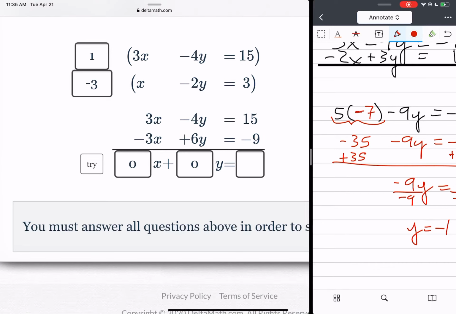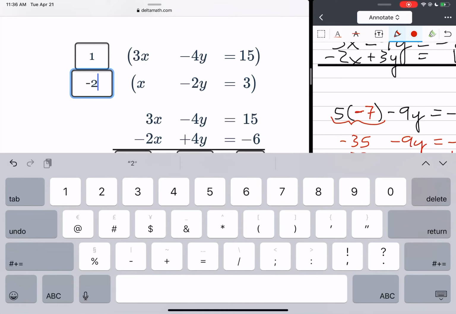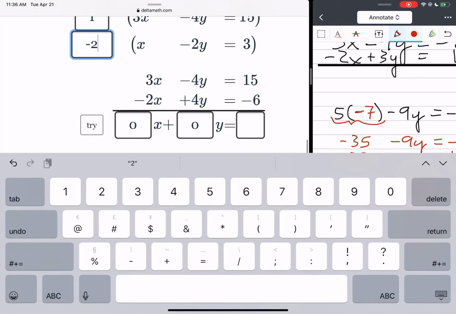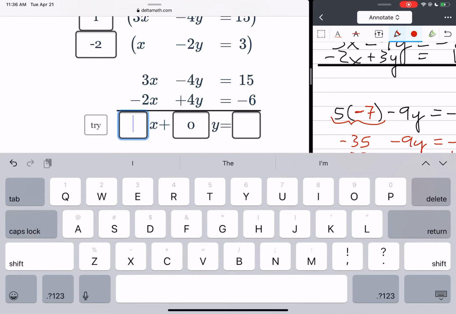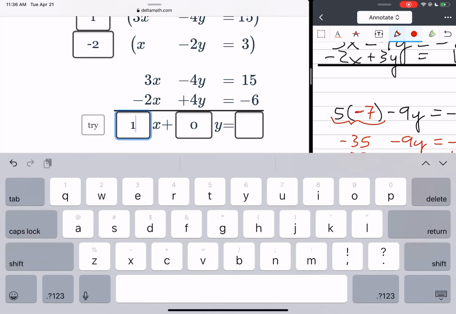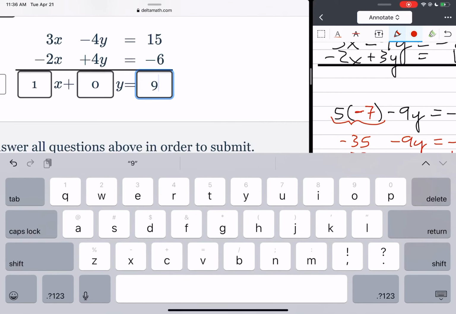If I wanted to eliminate y's instead, then that minus 2y needs to be a positive 4. So if I scale that second equation by negative 2, now those add up. So 3x's minus 2x's is 1x, y is eliminated, and then 15 minus 6 is 9. X equals 9.